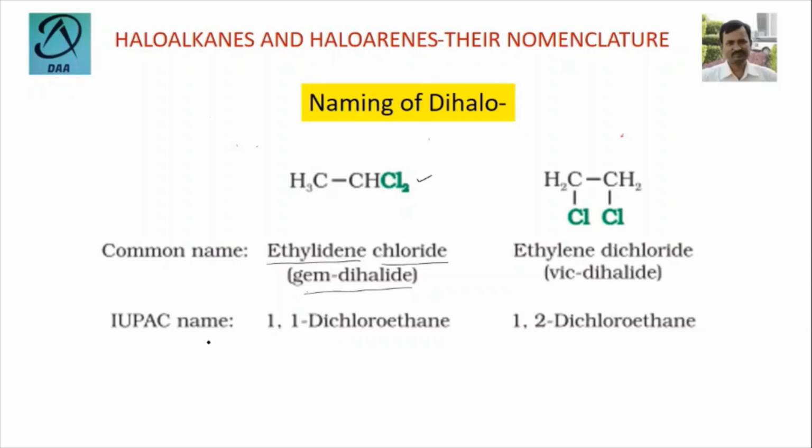But in the IUPAC system, carbon number is 2, so it is obviously ethane, and carbon number 1 is attached to two chlorine atoms, so it is 1,1-dichloroethane. In the second structure, the difference from the first structure is that here the chlorine atoms are attached to two different carbon atoms.